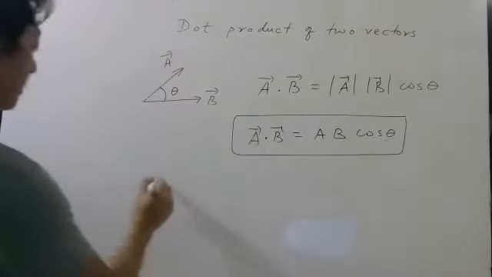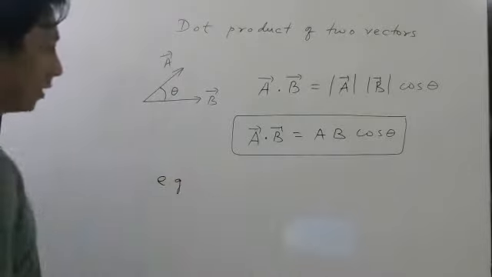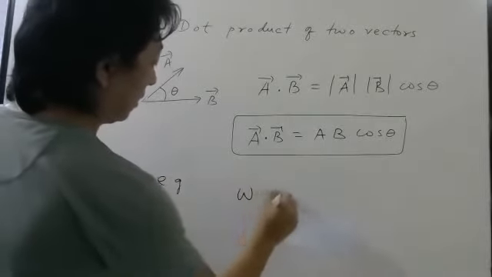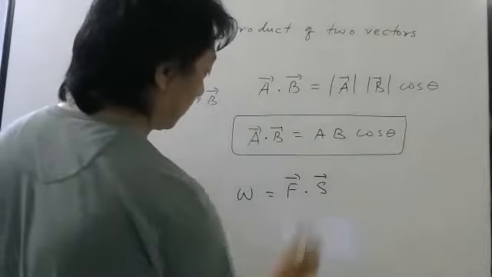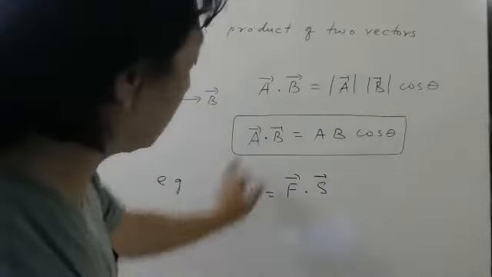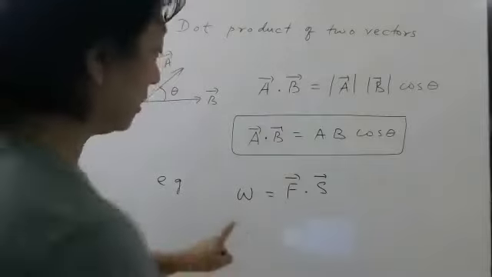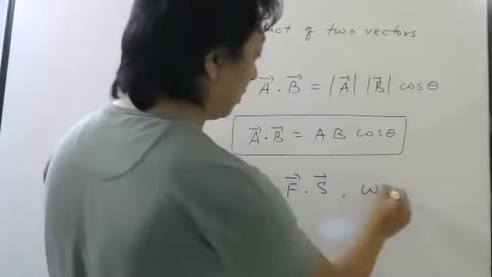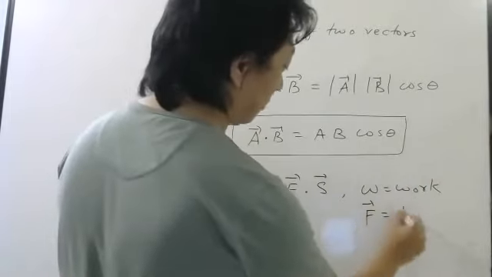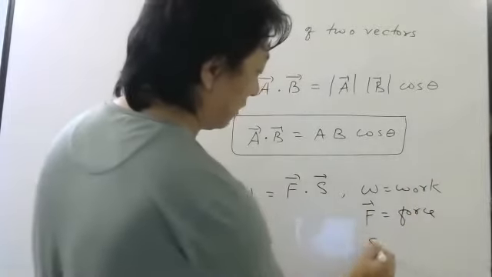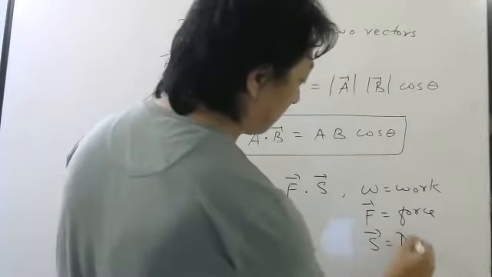I gave you one example also. Work done is force dot displacement. In the exam, if you write this much, it is enough. Just explain that W is work, F vector is force, and this is displacement.